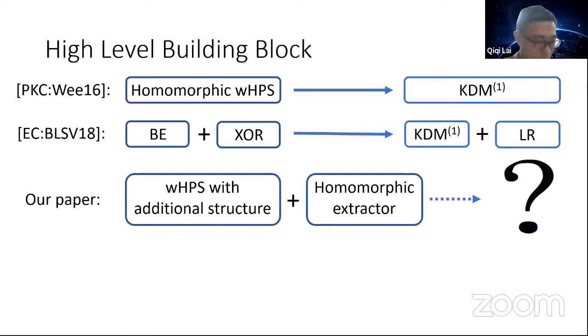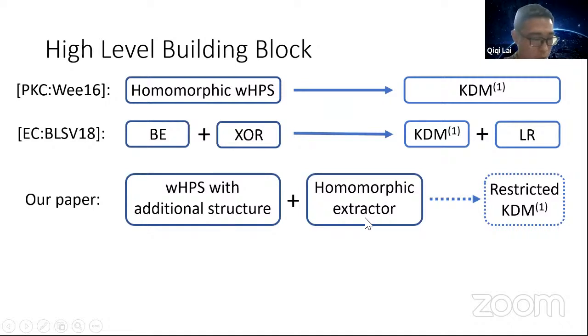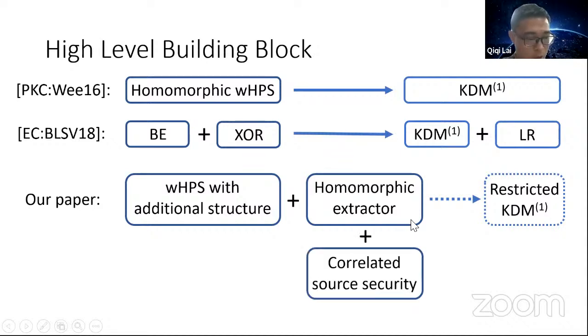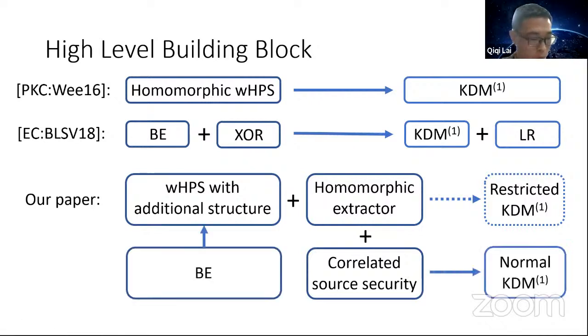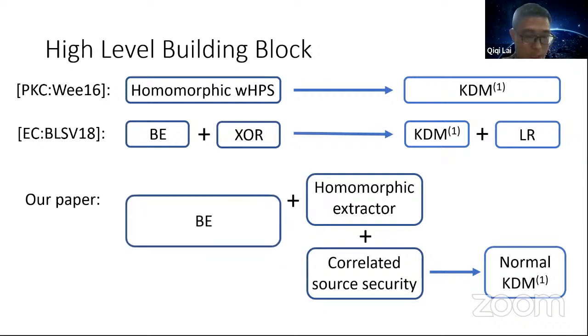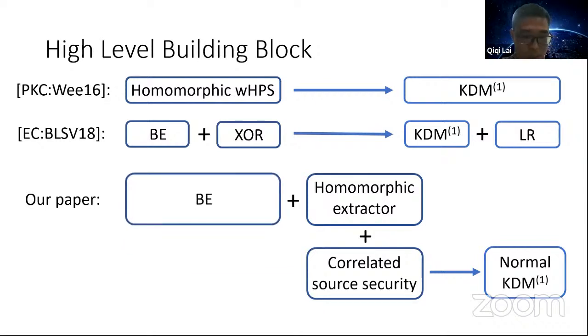Next, through using the properties of the used WHPS and the extractor, we can prove the security of the basic construction for just one KDM ciphertext. Furthermore, by leveraging the correlated source security of the extractor, we can achieve the normal KDM1 security. We also note that batch encryption here already implies the required WHPS.